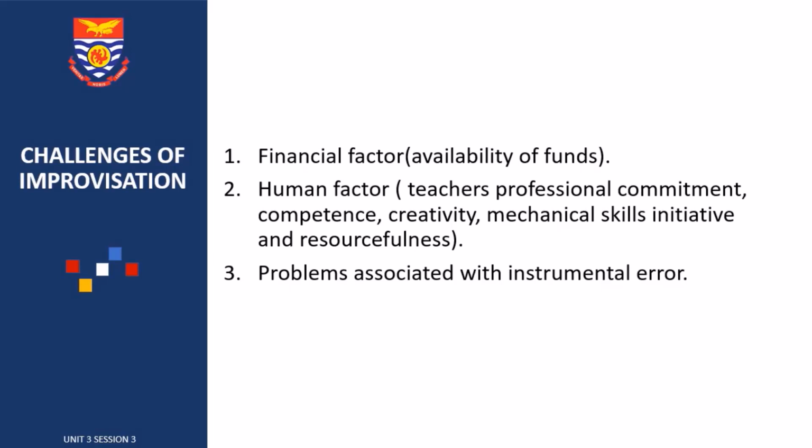The use of low cost, readily available materials for improvisation have their own limitations, which is termed as the instrumental error. Those limitations of the materials affecting the improvised material is a problem for its effective use.